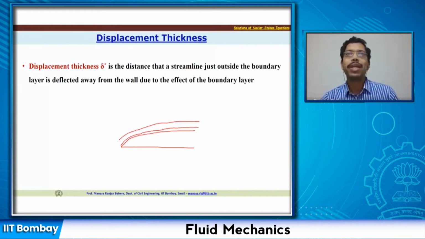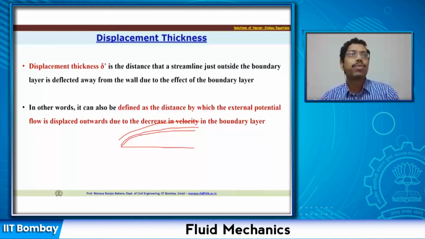It means the free stream velocity u is being displaced by this distance. So the flow that is being retarded due to the boundary layer, the effect of that is going to be felt here. Now let us look at the definition in a slightly different way.